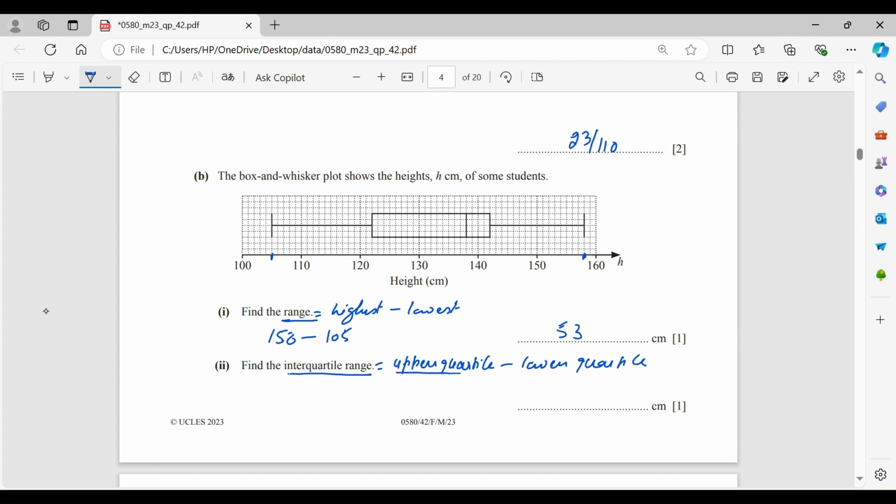So upper quartile is this, and lower quartile will be this. So upper quartile is 142 minus lower quartile 122. So this will be equal to 20. So our answer is 20 centimeters.